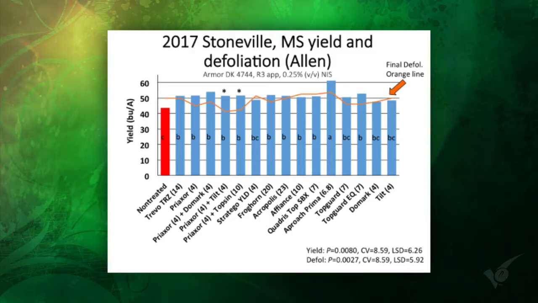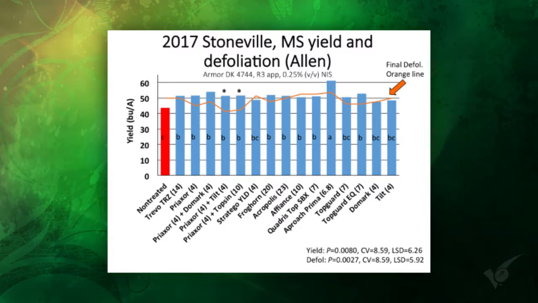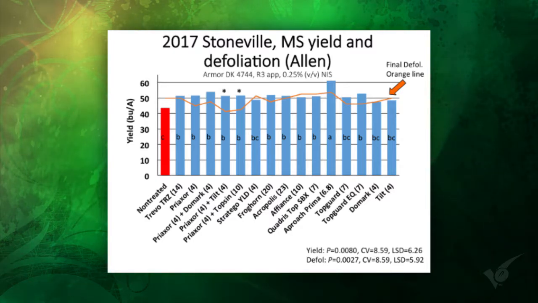You move across to those 2 Preaxor applications with Tilt and Topsin, and it really drops. Those little asterisks indicate there's a significant difference in that defoliation. But what is it, a 10% difference at best? So there's really not much there. And then all across the board from those different fungicides, that Trevino TRZ, that's like Affiance, Froghorn, and Acropolis.